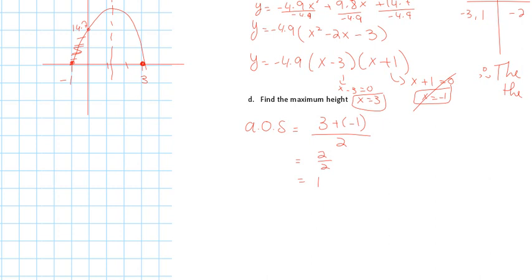So my equation is y equals negative 4.9x squared plus 9.8x plus 14.7. So what I'm going to do is plug in 1 for x.